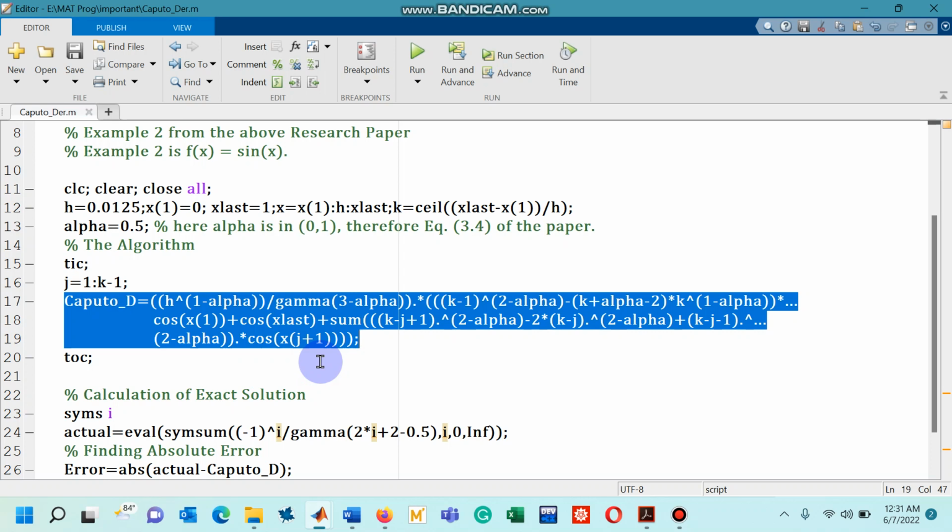This scheme is when alpha is between 0 and 1. So that's it. This is all about the MATLAB code for the numerical value of the Caputo fractional derivative of a function of arbitrary order alpha, where alpha here in the code is taken to be 0.5.